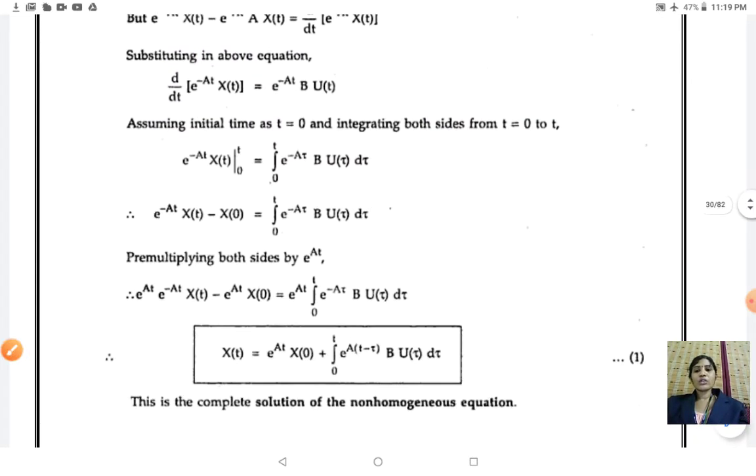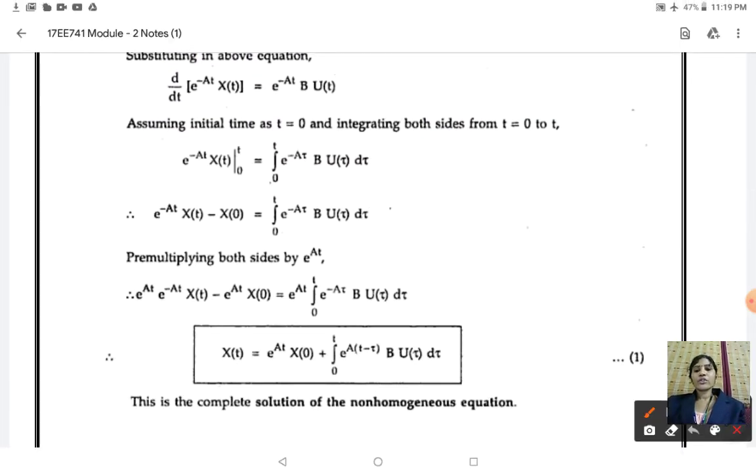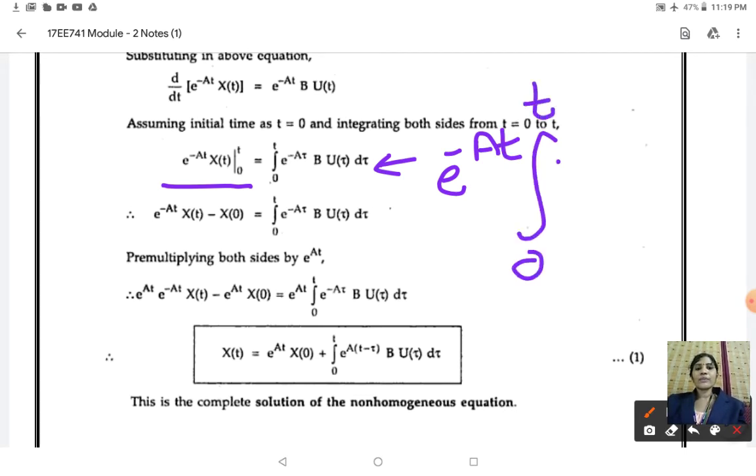The limit is substituted from 0 to t. You will get e power minus at x of t from 0 to t equal to the integration between the limits 0 to t of e power minus a tau b u of tau d tau.